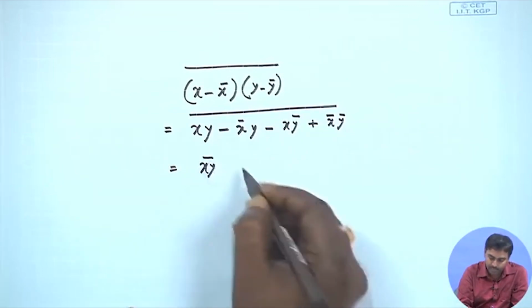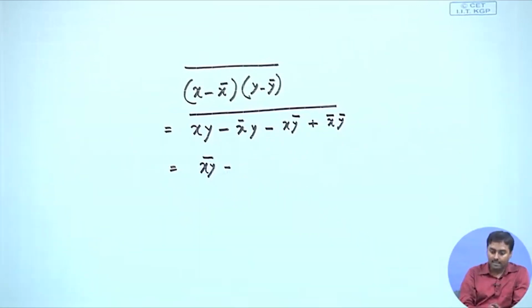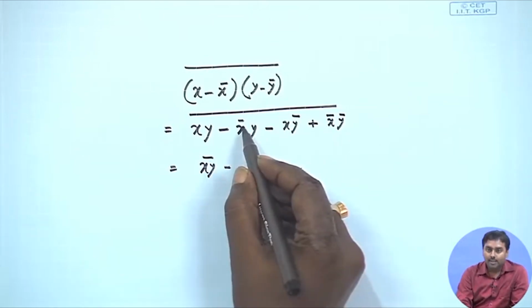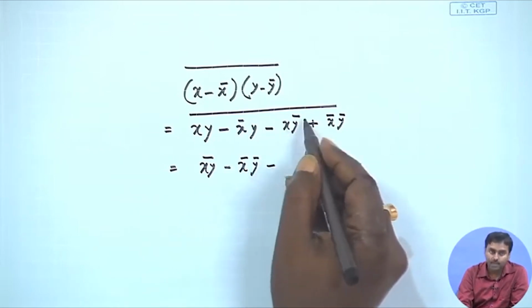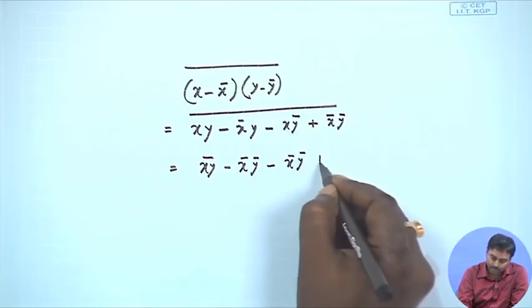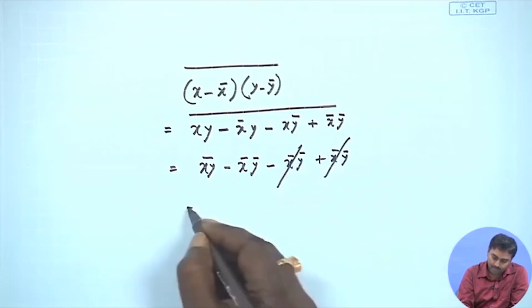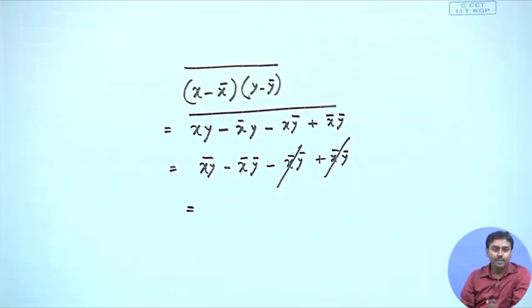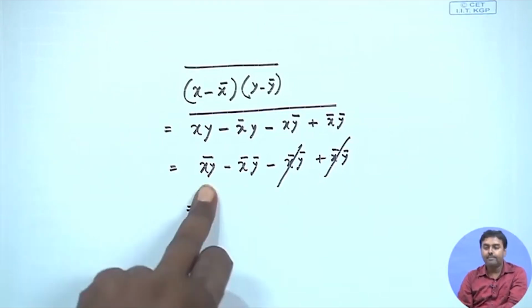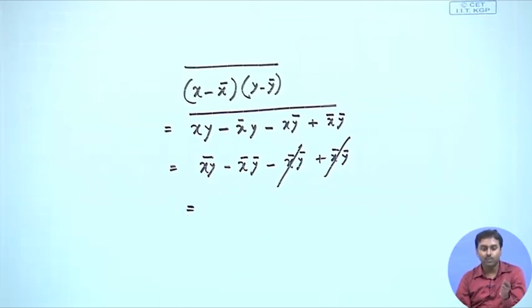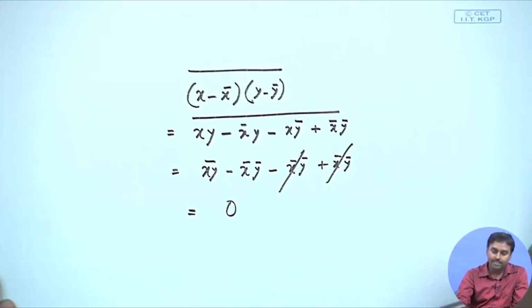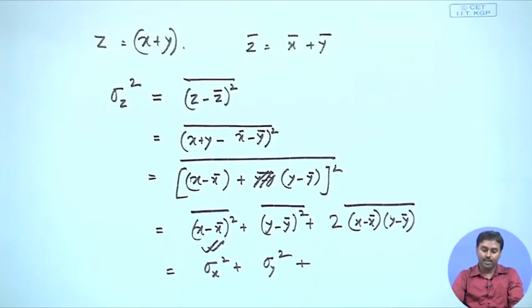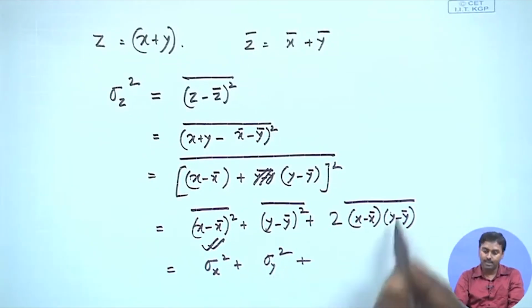So, this should be x y bar minus, now let us see, x bar is a constant, so it will be just x bar y bar. This is also same thing, y bar is a constant. So, this should be x bar y bar plus x bar y bar. For independence, we have already proven that if x and y are independent, then x y bar is equal to x bar into y bar. So, this must be 0. Once this is 0, if we go back to our previous expression, sigma z square is sigma x square plus sigma y square, and this is 0.